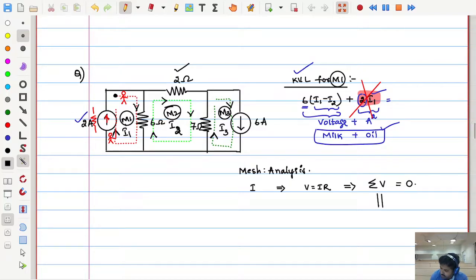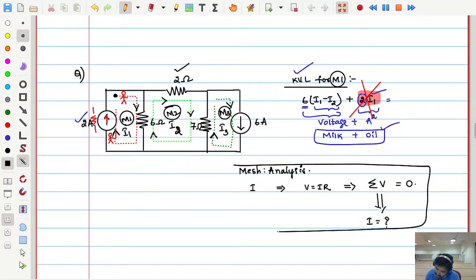Then ultimately what we get is the unknown current I. This is what happens in a mesh analysis.